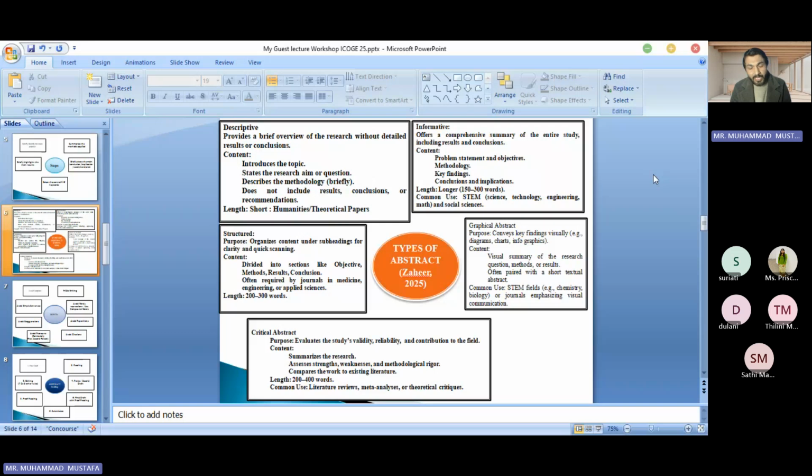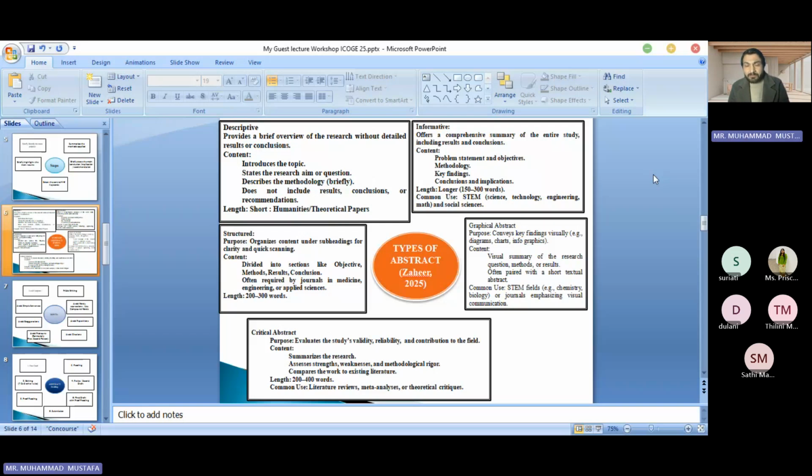Its length has been observed as 200 to 300 words. And indeed, it should also be based on one paragraph, and definitely the size depends.